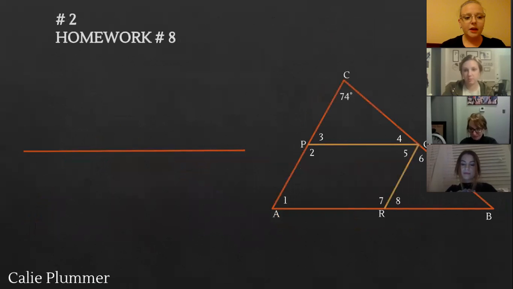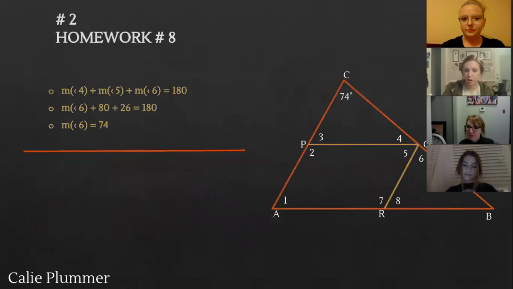Are there any different methods of finding the degree for angle 6? There are. So angle 6 in this triangle is one angle of a whole triangle, meaning that angles 6, 8, and angle B will add up to be 180 degrees. And so you would just substitute, you can follow the formula on the side, the degrees for angle 8 and angle B, subtract those from 180 and you would get 74, which is the degree of angle 6.